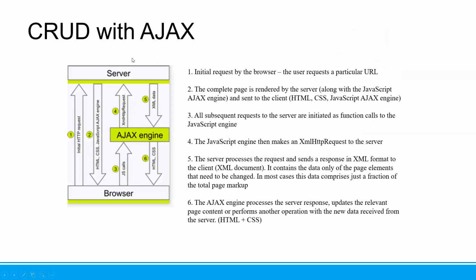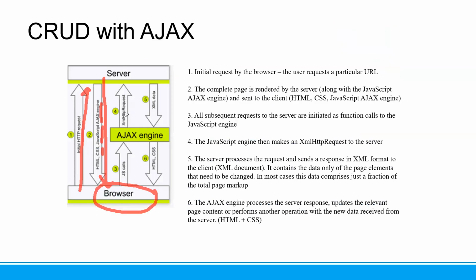This is just a simple architecture to explain how we can deal with the CRUD with Ajax. If you have the browser, what you can do at the first time is to do the initial HTTP request, and then you will show the HTML, the CSS, the JavaScript, and you can also make the Ajax engine ready.